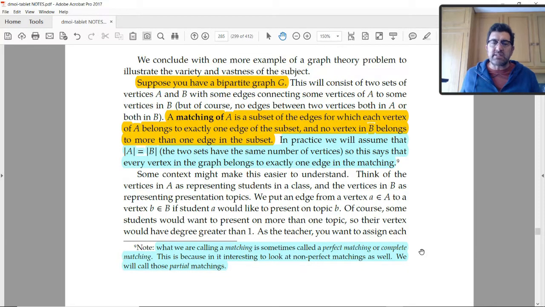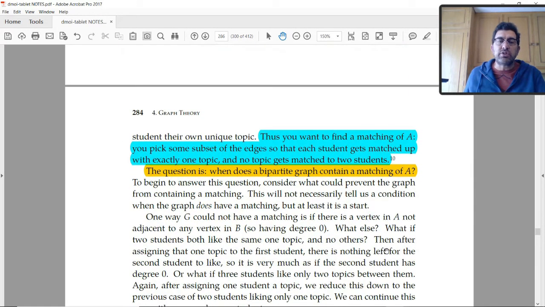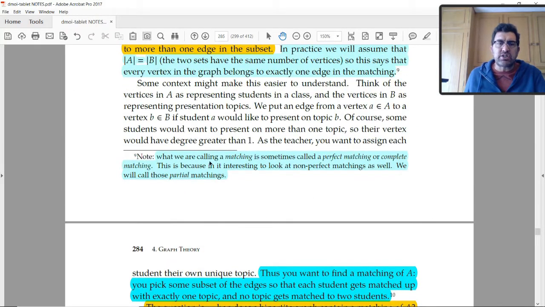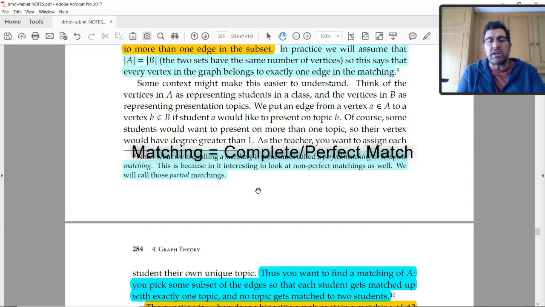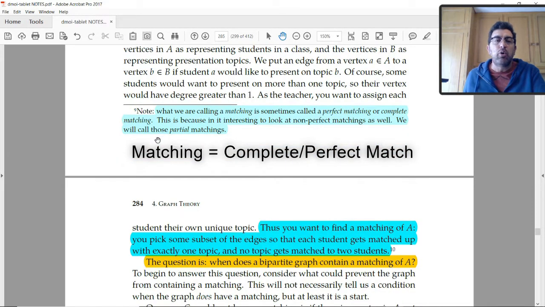Okay, so as a teacher, you want to assign to each student their unique topic. Let's just make sure we understand what they say over here. Now this is about matching. What we are calling matching in this book is sometimes called a perfect match or a complete match in other books or in other videos or wherever you find information.